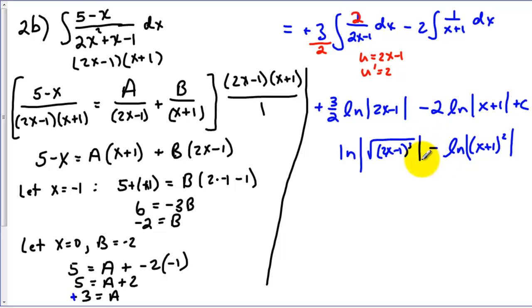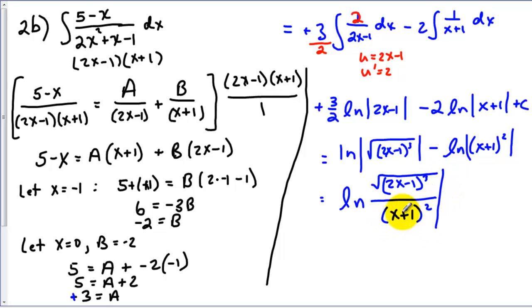And now we do the subtraction, which turns into a division. And we can write our final condensed answer like this. That's cubed. That's over x plus 1 squared. And again, we need our absolute value. And now we're done. So this one was a slight bit trickier, but still fairly straightforward.